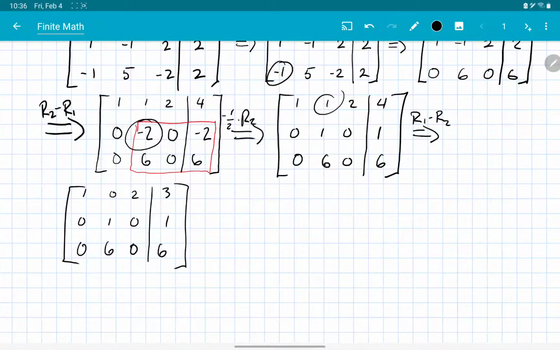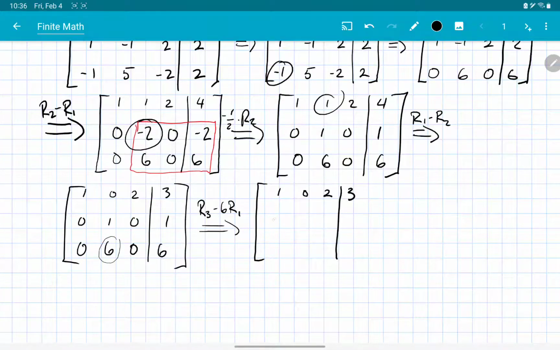So I took row 1 minus row 2. Now we wish to eliminate this 6. And to do that, we're going to take row 3 minus 6 row 1. 1, 0, 2, 3, 0, 1, 0, 1, 0, 0, 0, 0.